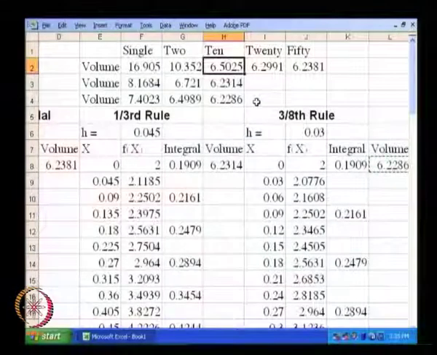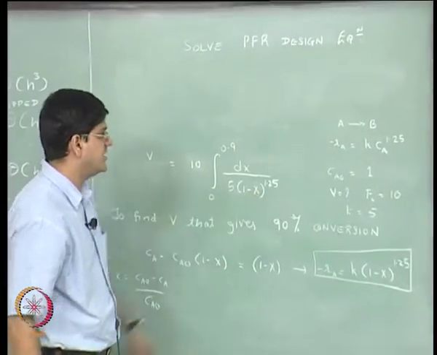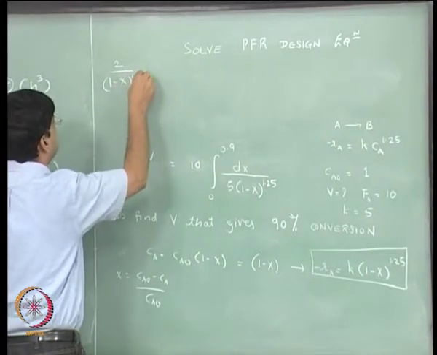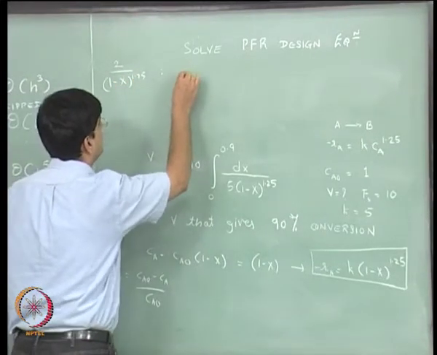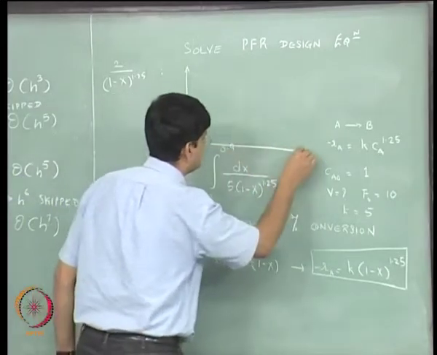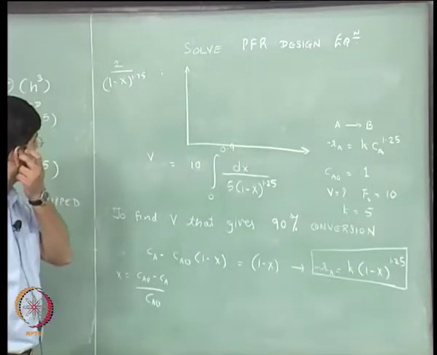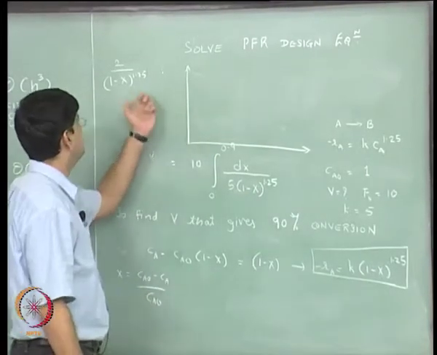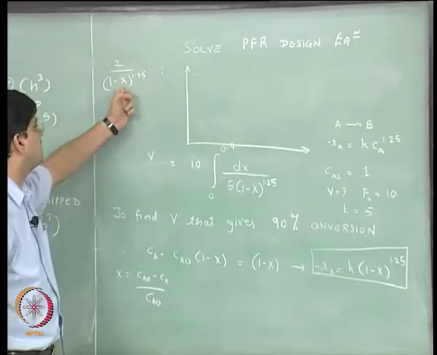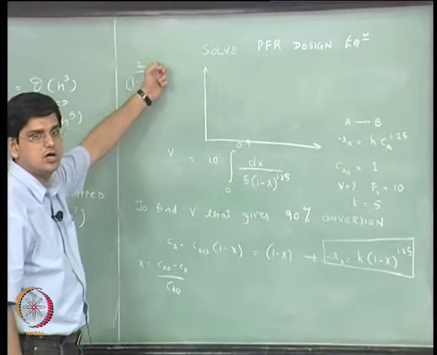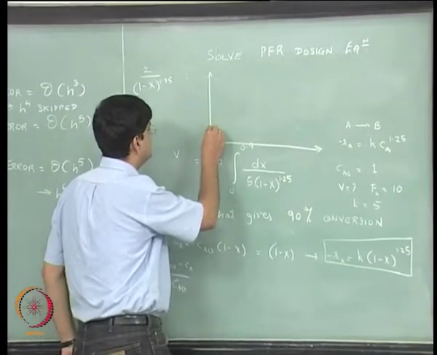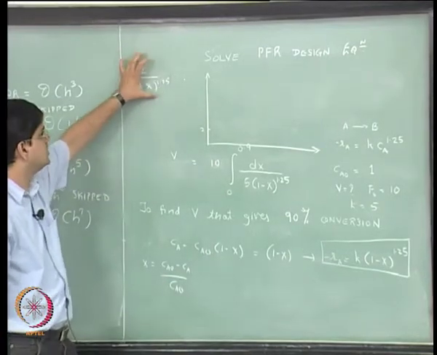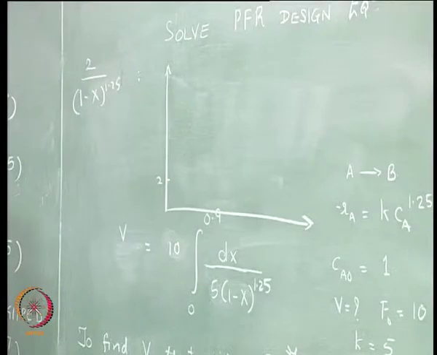So, our f of x was 2 divided by 1 minus x to the power 1.25. If we plot this particular curve going from x equal to 0 to x equal to 0.9, at x equal to 0 this value is exactly equal to 2, and at x equal to 1 this particular value is essentially going to be infinity.